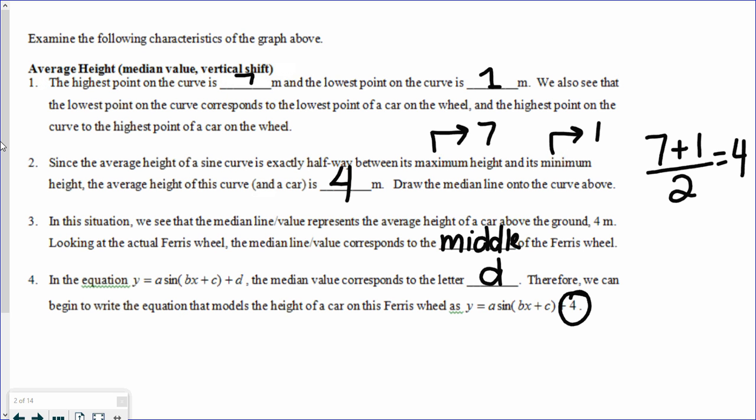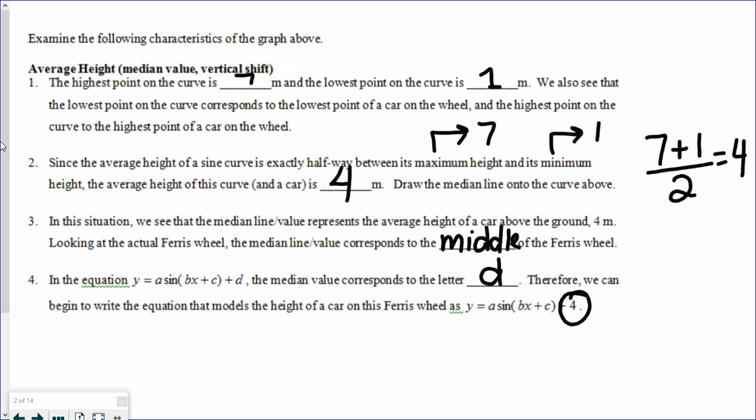So again, our midline, or our d value, was 4 as we figured in the last question. So it goes 3 units above and 3 units below, 3 meters above and 3 meters below. And so it says, in this situation, the amplitude corresponds to the radius of the Ferris wheel.